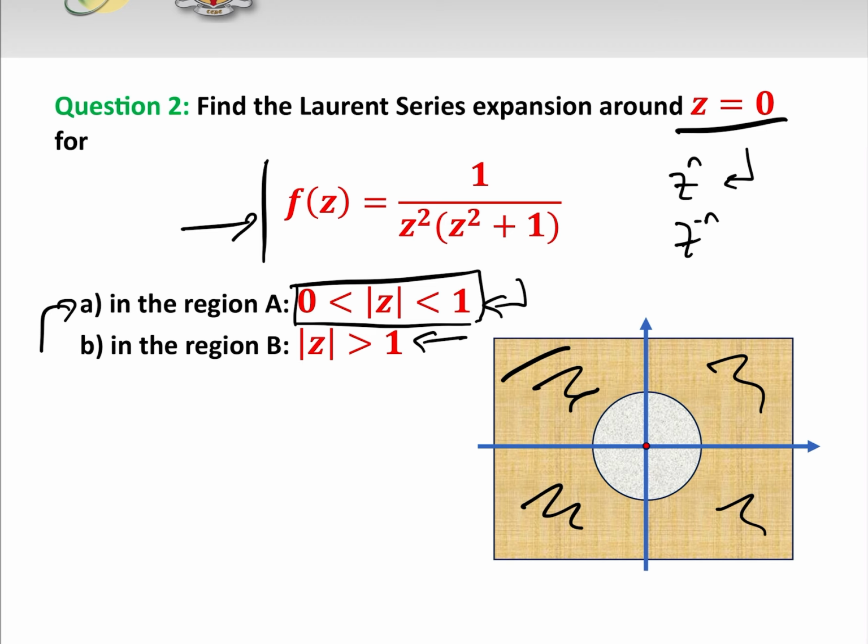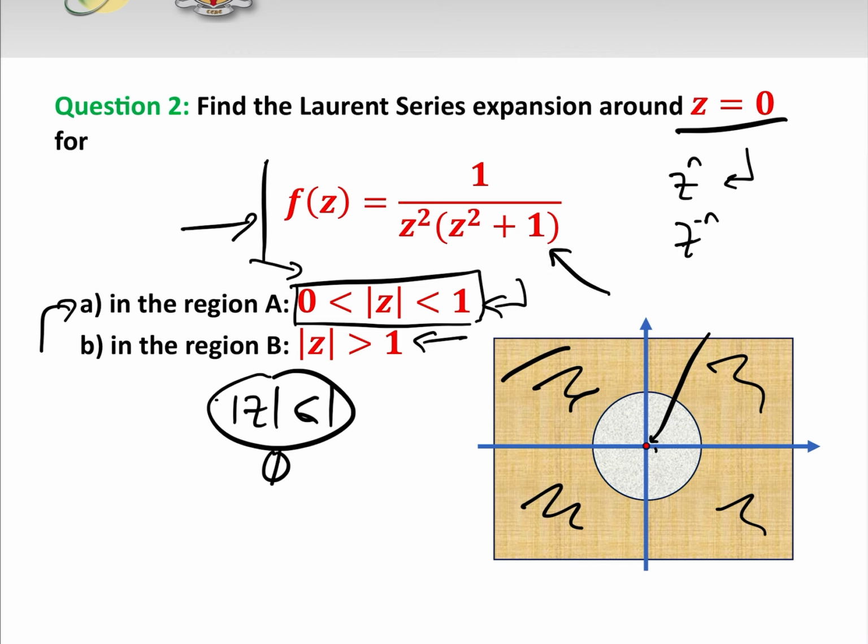So this region here, mod z greater than 0 and less than 1, remember in question 1 it was just mod z less than 1, so in question 1 that included the point 0, whereas here this does not include the point 0, i.e. that red thing there is not included in the region, and there's a good reason for that, because if we look at our function, there is a singularity at z equals 0.